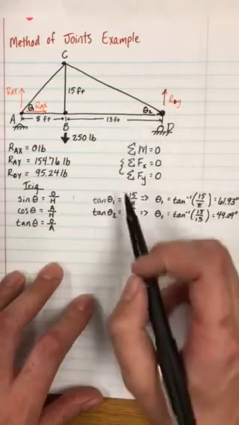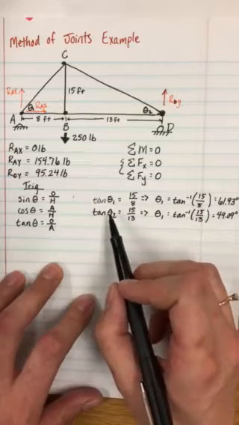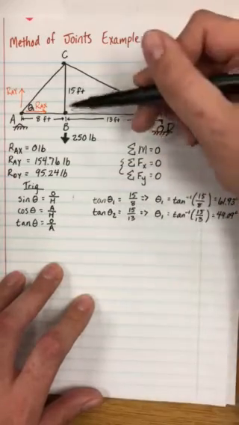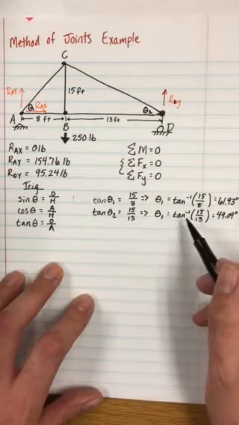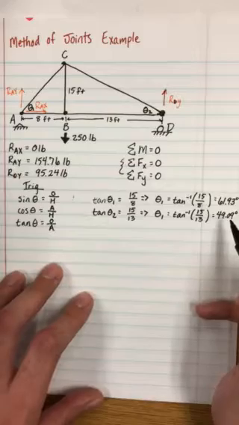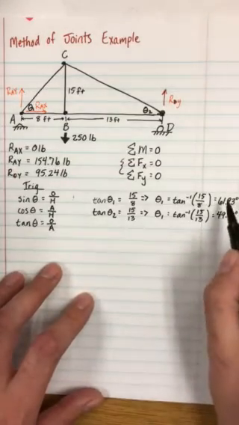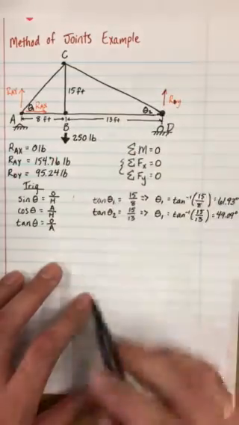For angle 2, it's the same deal. The tangent of theta 2 is 15 feet divided by 13 feet. To calculate the angle, I take the inverse tangent of that ratio to get 49.09 degrees. So these are going to come into play especially for joints A and D.